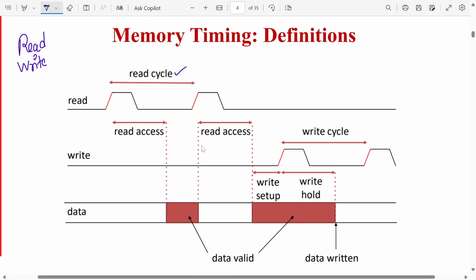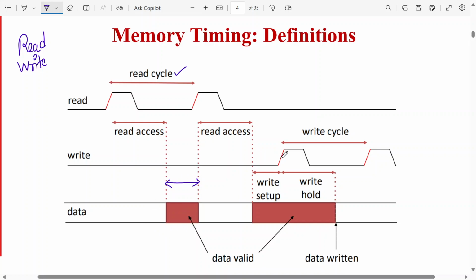Then we have a read access. It takes some time for the memory to give the read access. When the read access is over, then the data comes. The data is valid after the read access and before the next read access starts. So this is the duration for which the data is valid. So you have to read within this time.